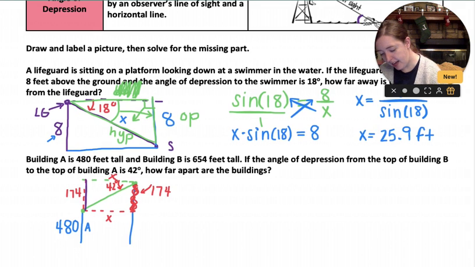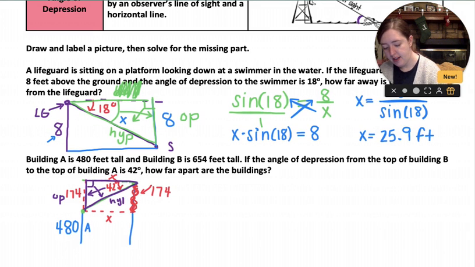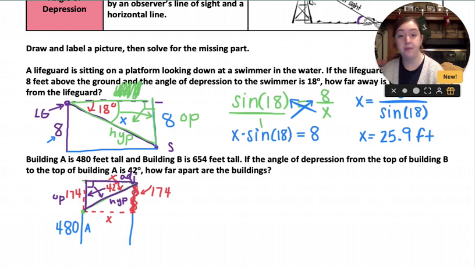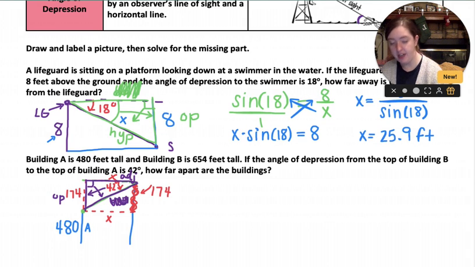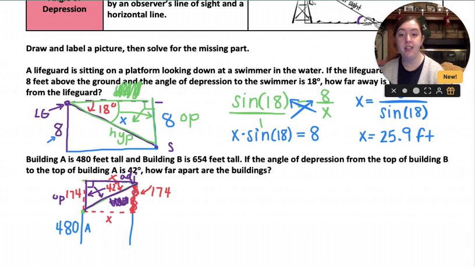So I'm going to look at just the purple triangle. Across from my angle is the opposite side. Across from the right angle is the hypotenuse. And the side that's left over is the adjacent. I don't have anything for my hypotenuse. So which trig uses opposite and adjacent?